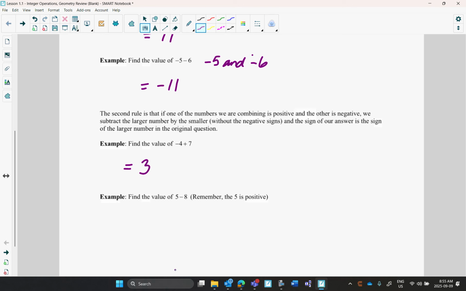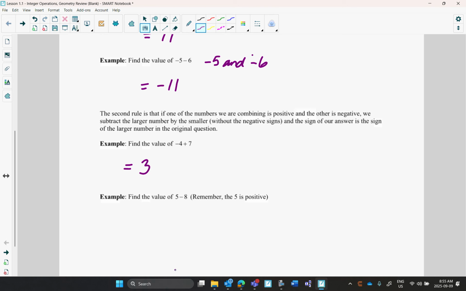Some people think that when we add a positive and a negative, subtract the 2 numbers, the bigger from the smaller, and then whatever bigger number had the positive or negative in front of it, that's the sign of the answer. So I would think 7 minus 4, but there's more positives.